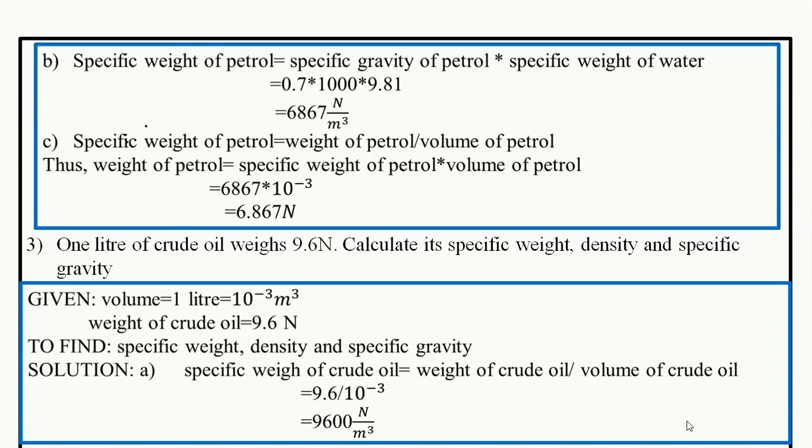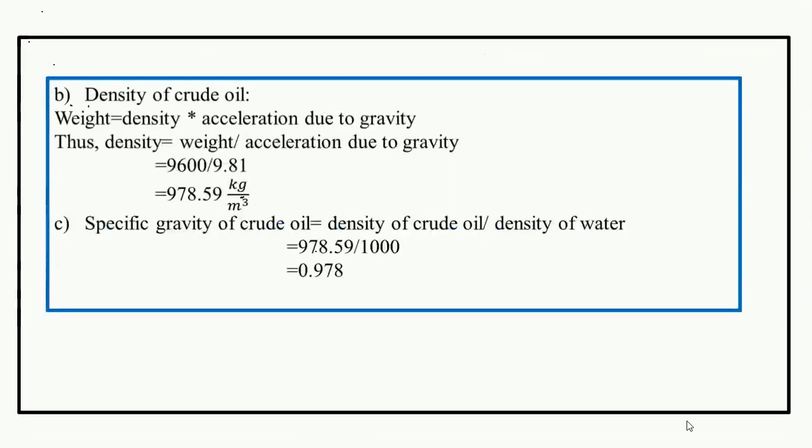From this we have to determine specific weight, density and specific gravity. So very first, specific weight of the crude oil is equal to weight of the crude oil divided by volume of the crude oil. Both are given in the numerical itself, so it is equal to 9600 Newton per meter cube.